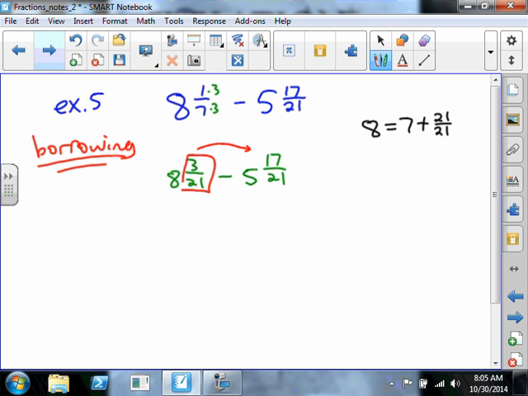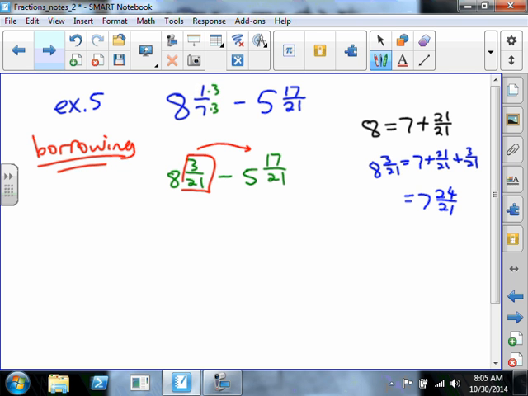Does that make a little bit of sense? Okay. So then what that means for us is 8 and 3/21 could be really thought of as 7 plus 21/21 plus 3 more 21sts. Does everybody see where I'm going with this? I know it's kind of confusing. Okay. So that's really 7 and 24/21.